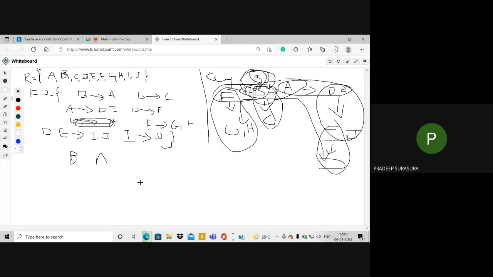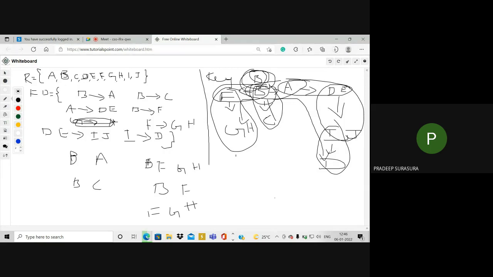B determines A in one table, take that as R1, and B determines C in one table, that will be my R2. Similarly, go with B, F, GH. Here again this violates the third normal form, so this will be B and F in one table, FGH in one table.